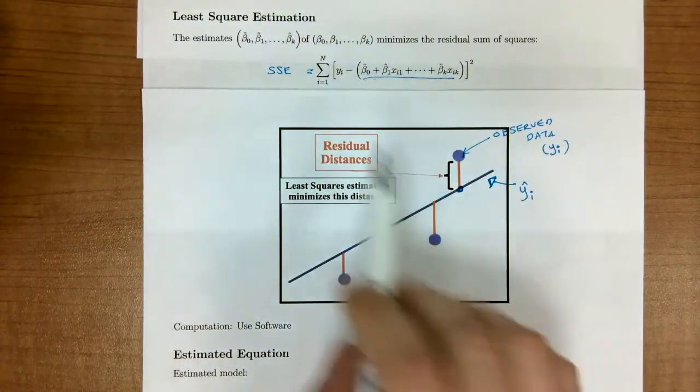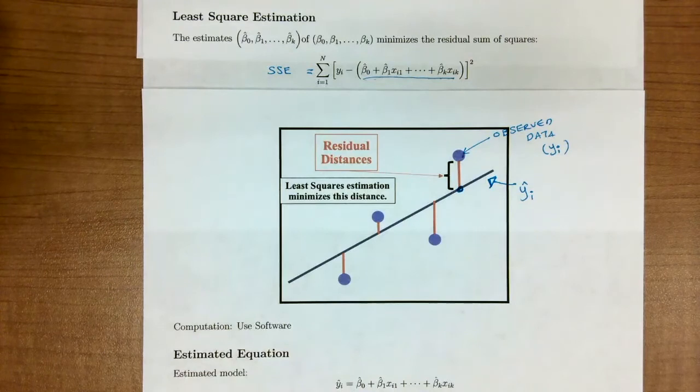To minimize this equation, our sums of squared error, we're going to take the derivative with respect to each parameter, set it equal to 0, and then solve for that parameter. Typically, with multiple linear regression, this is done with linear algebra and matrices. However, for you guys, we're just going to use software.